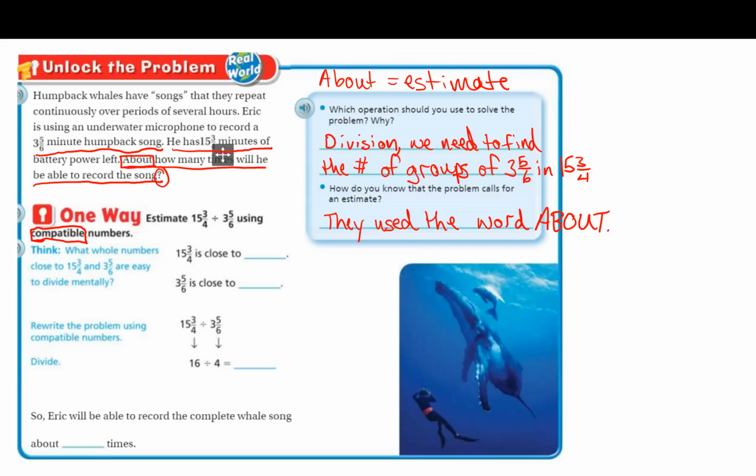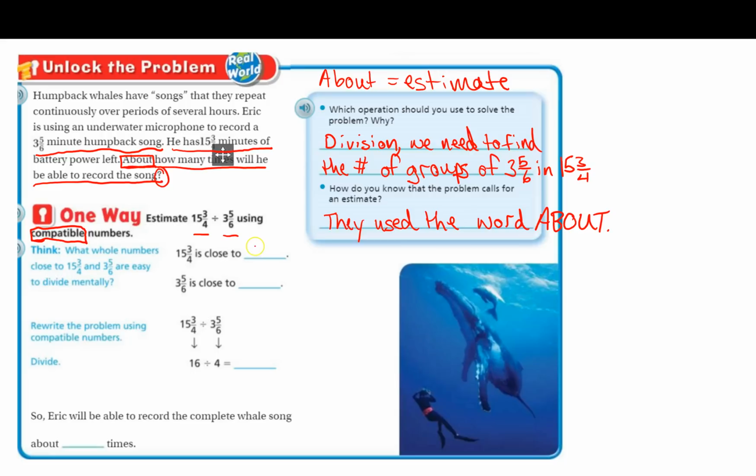Okay, estimating and rounding are a little different. Rounding, there's specific rules you have to follow. With estimating, we just need a number that's close to the number. It can go up or down. Okay, so if we look at these two numbers, 15 3/4 and 3 5/6, we can say, well, this is closer to 16 than it is to 15.